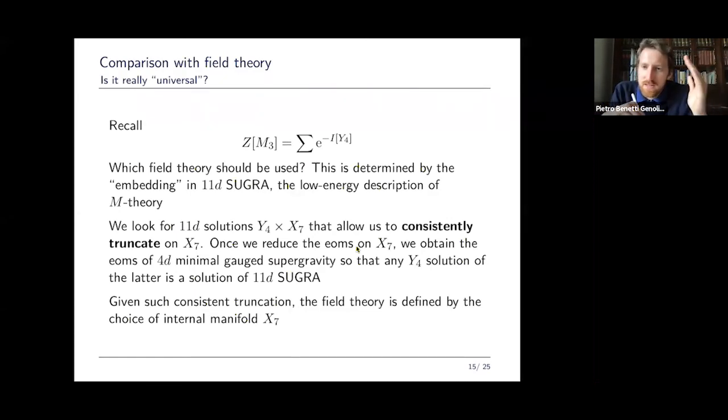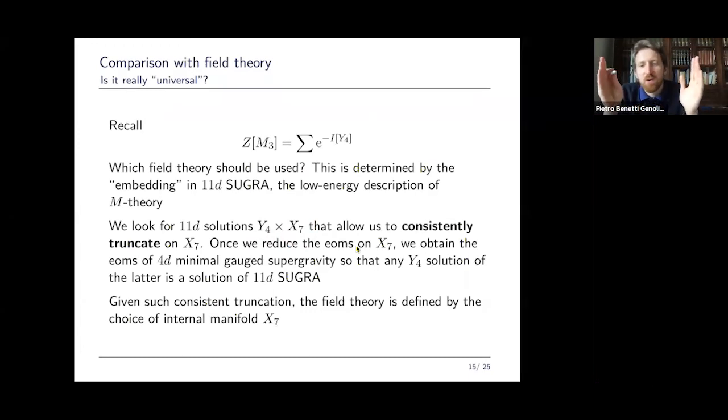We look at the low energy description of M theory, which is 11-dimensional supergravity, and at solutions that have a product or fiber product structure into a four-dimensional space and a 7-dimensional space. In particular, we look for solutions that allow for consistent truncation.